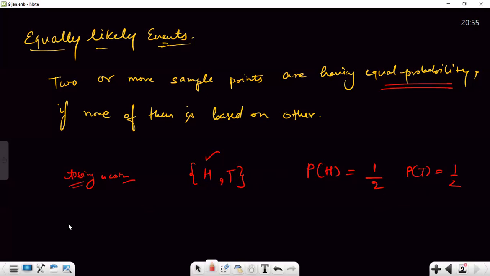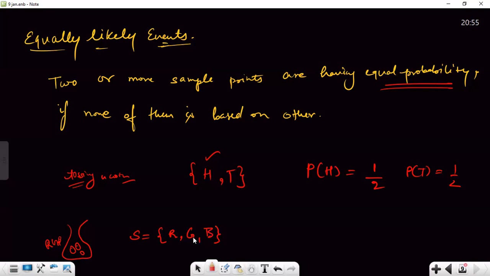Let's say there is a bag, and it has three balls of different colors: red, green, and blue. Sample space: red, green, and blue.